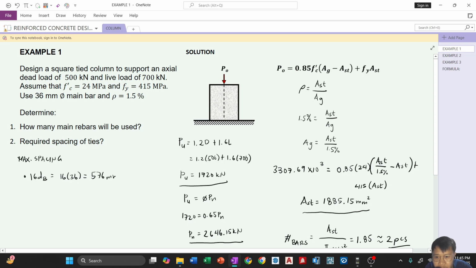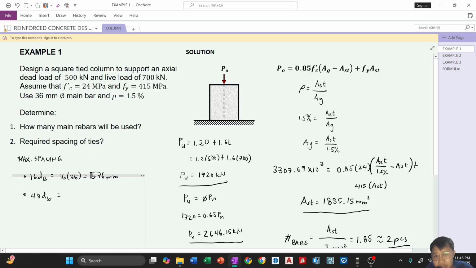Next, we get 48 diameter of the ties. Okay? So, walang binigay sa atin dito na diameter nung ating tie reinforcement. However, okay, we use the 36 mm as our clue.